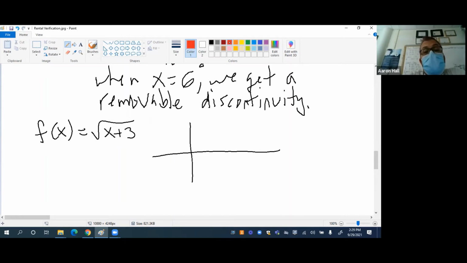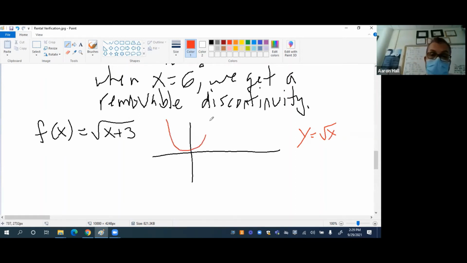From just the square root of x, shift 3 left. All right, so what does the square root of x look like? That's the origin, and yes, that's exactly what it is. It's literally half of a parabola.